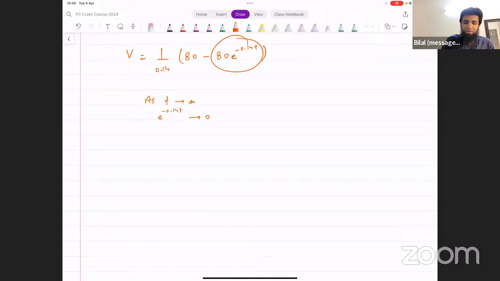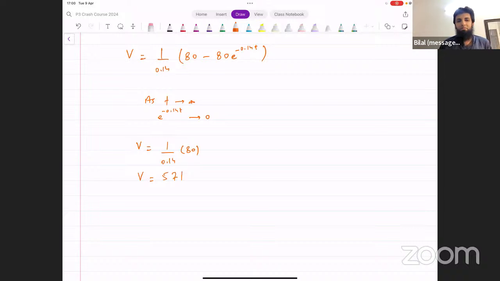So this whole thing becomes 0. So we're just left with V equals 1 over 0.14 into 80. And that's going to give us a result. What do you get from this? 80 over 0.14 is 571.4. This is the value of volume that we get for this.